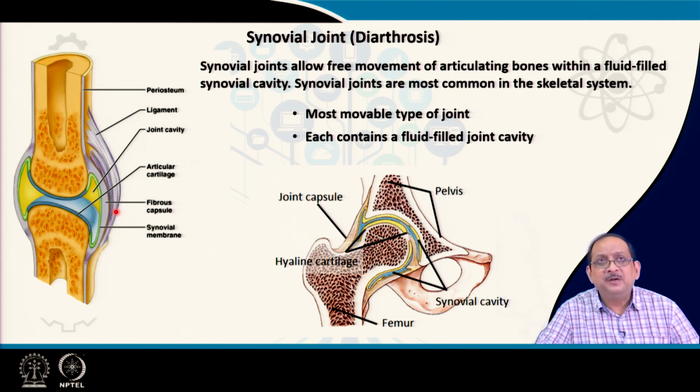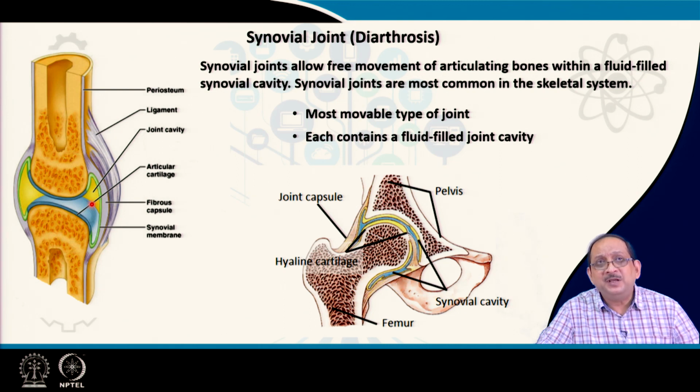In this figure, we can see a typical synovial joint where we have a joint cavity which is enclosed by a fibrous capsule. Now, the joint cavity has a lining or membrane which is called the synovial membrane, which holds the synovial fluid within the joint cavity.